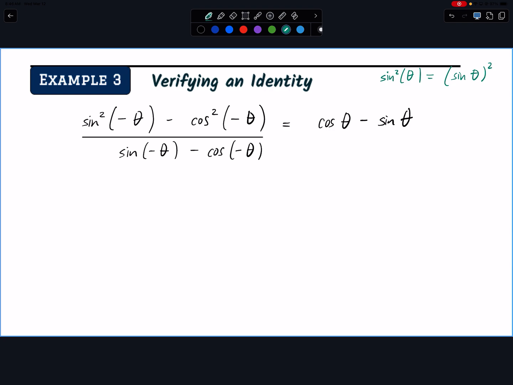But it's not theta, it's negative theta. So I'm just going to rewrite the top. It's going to be sine of negative theta, squared, minus the cosine of negative theta, squared. All right. Now the bottom.